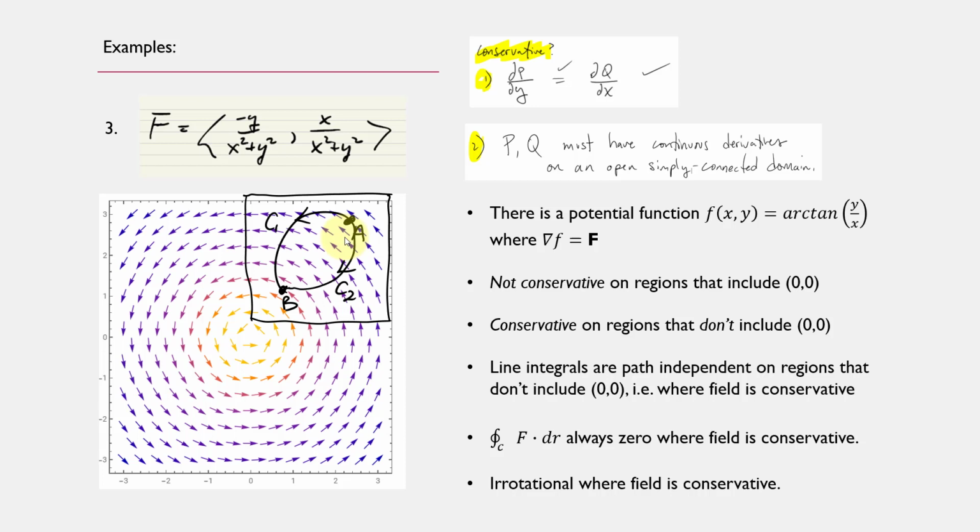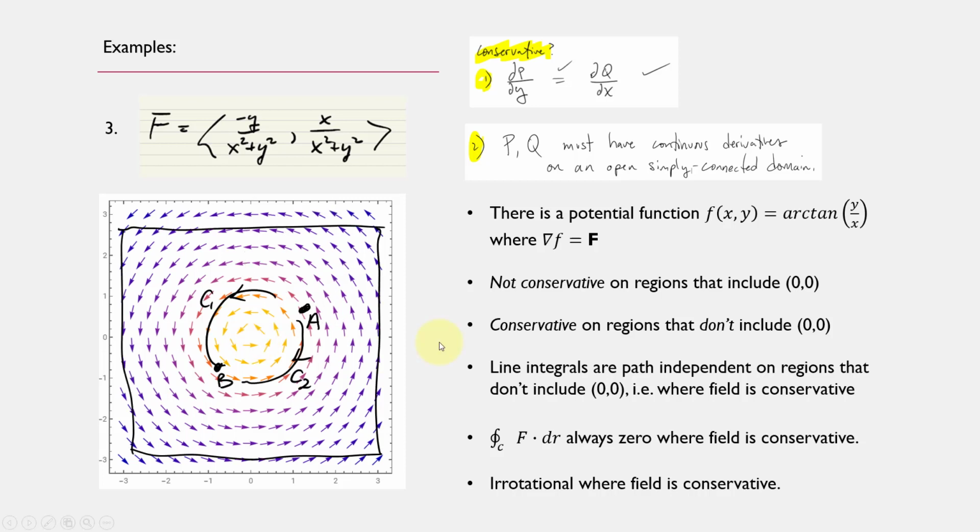That's because these vectors actually get smaller as you go out, and so they don't produce any torque at a point. But of course, if you created a larger region that included the origin, you could find points where there is a torque and there is a rotation at a point.